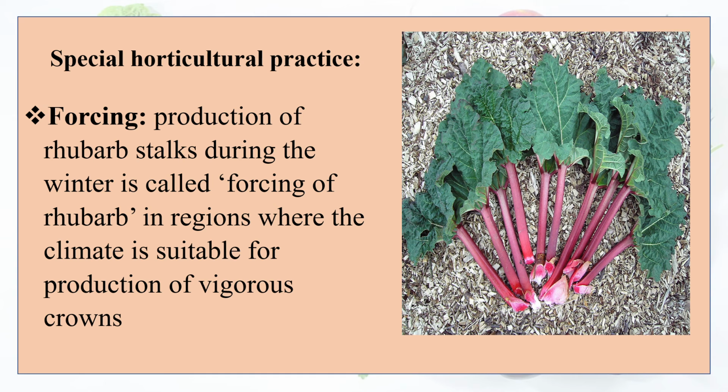So if we leave it in freezing condition for some time, these buds are in rest condition. After freezing, these frozen roots are taken into a hotbed in specially constructed forcing structures.